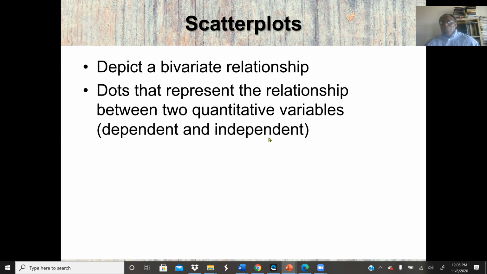So the independent variable will determine the dependent variable. Take cigarette smoking and lung cancer: of course, the independent variable here will be cigarette smoking, because lung cancer doesn't cause cigarette smoking. Rather, cigarette smoking causes lung cancer. So lung cancer will be our dependent variable, and smoking will be our independent variable.